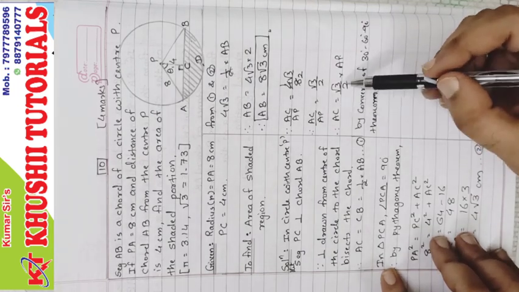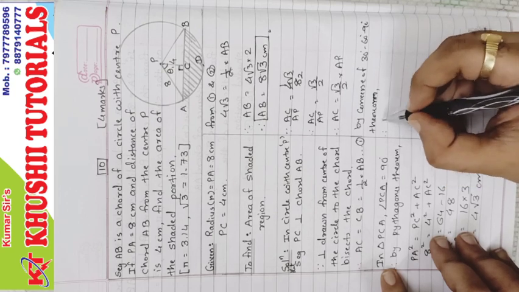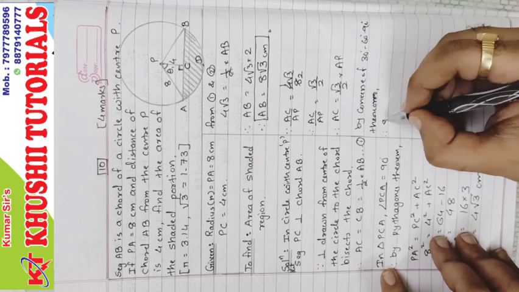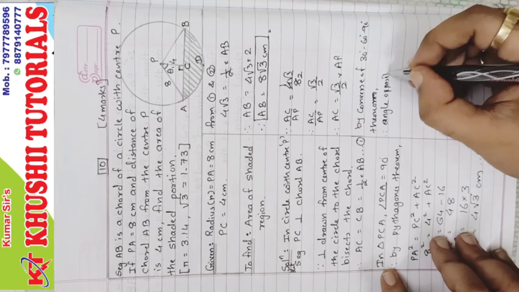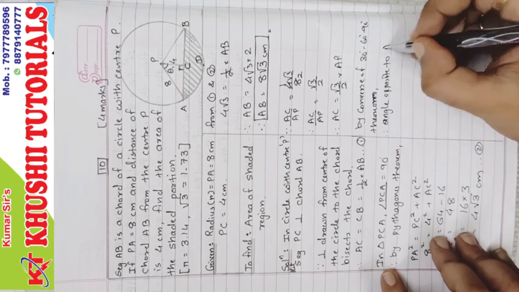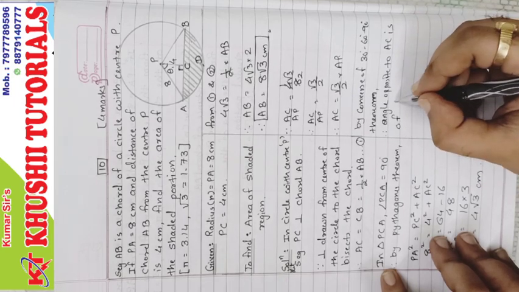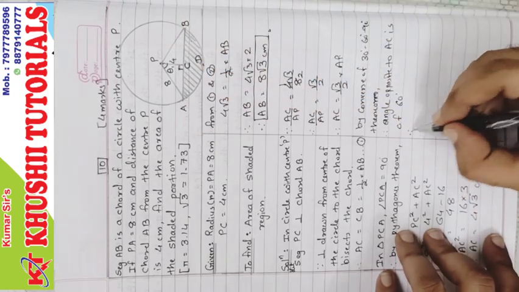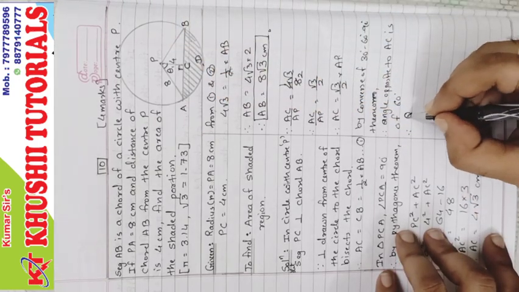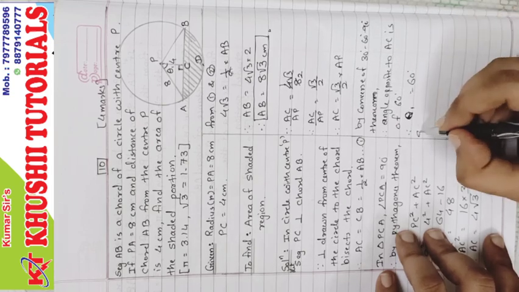The side opposite to 60 degrees is root 3 upon 2 of hypotenuse. Therefore angle opposite to AC is 60 degree. So this angle theta 1 equal to 60 degree.